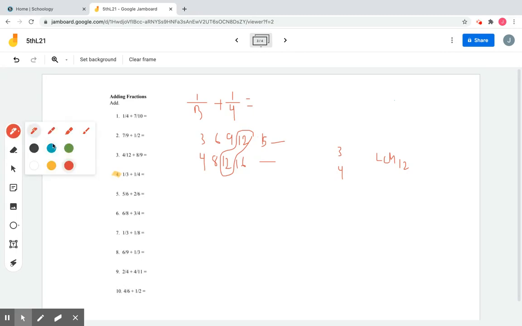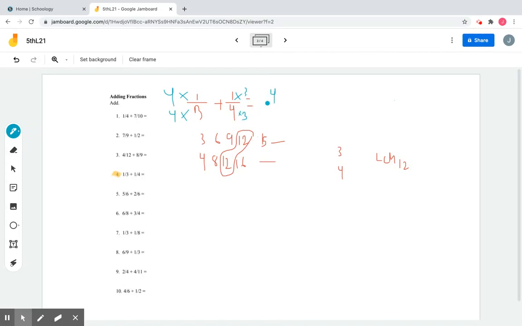So I'm going to multiply 4 here for both numerator and denominator. And I'm going to multiply 3 for both numerator and denominator here.